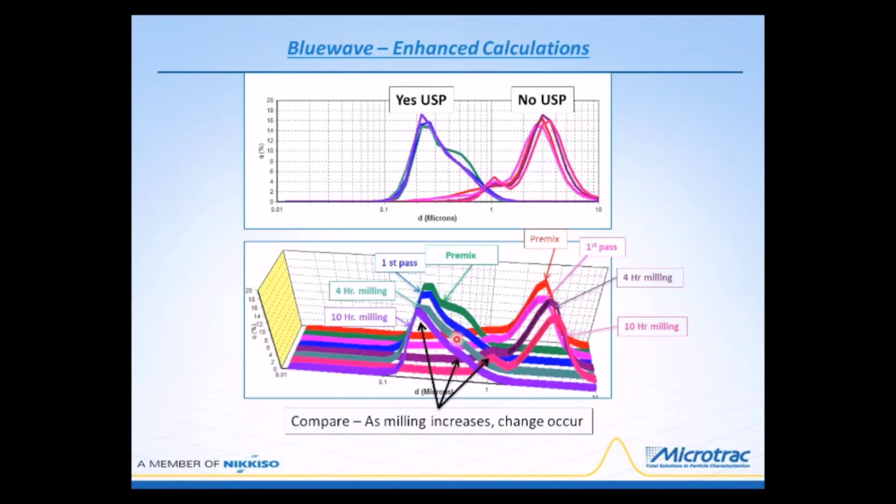But as we go further to the 4-hour milling, this shoulder that existed with the premix is now starting to almost disappear, and by the time we get to the 10-hour milling, it has disappeared, and the whole particle size distribution is now trying to show a very sharp peak down here. And this is pretty much the effect that was expected to be seen. Prior to this, they could not see the changes that were occurring.